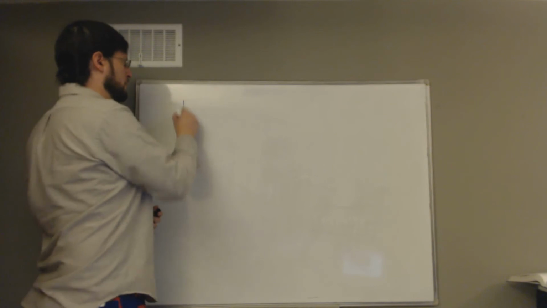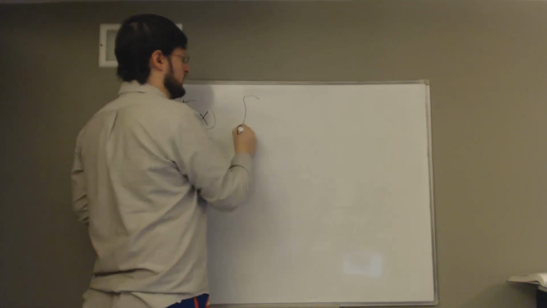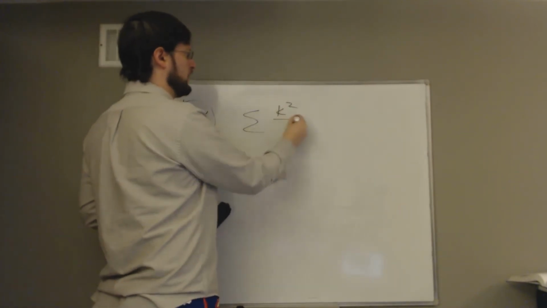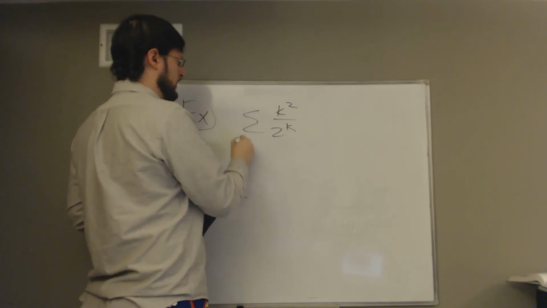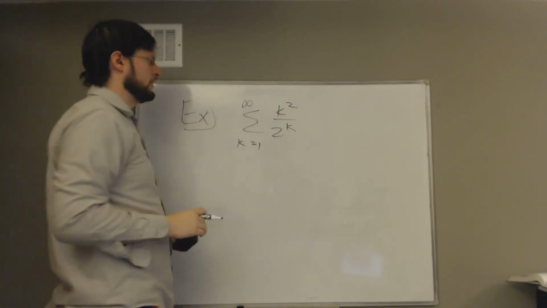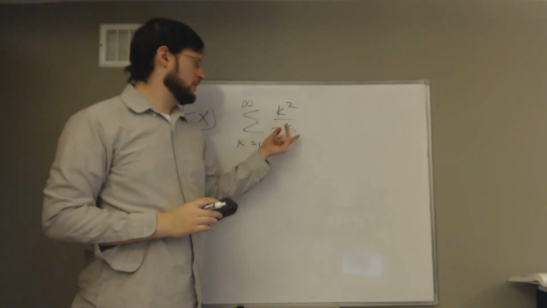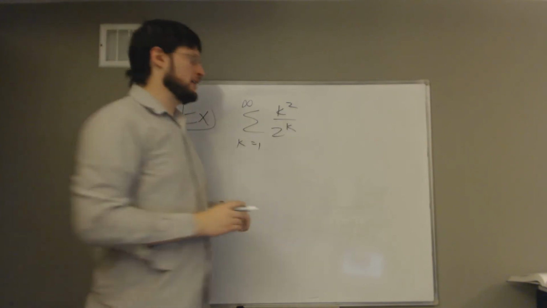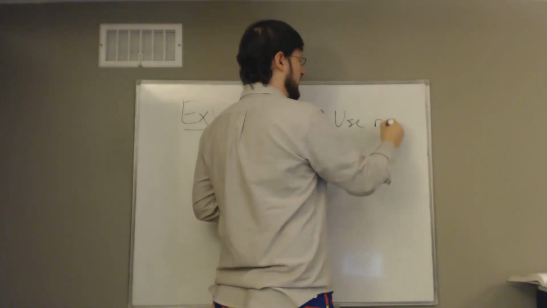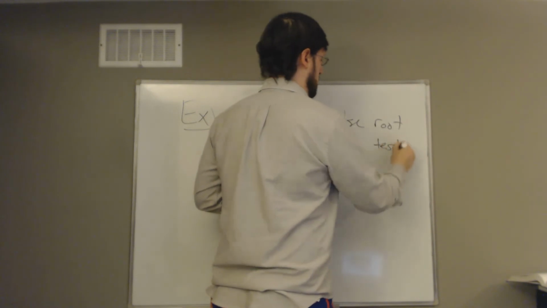So let's look at another one. A sum of k squared over 2 to the k, as k goes from 1 to infinity. Now this is a little bit different, but I do see this 2 to the k, which means that possibly the root test will work.